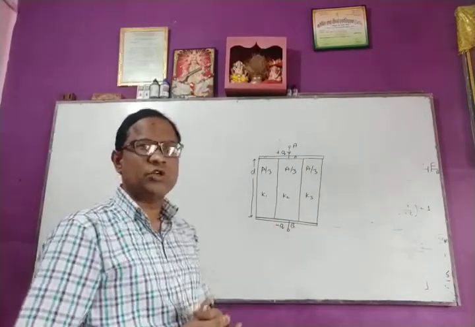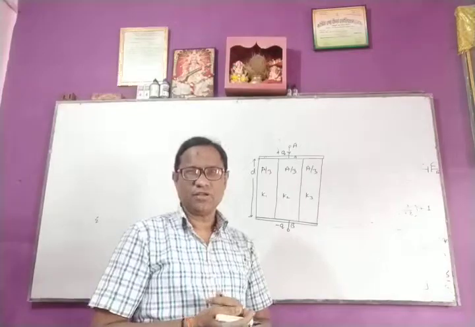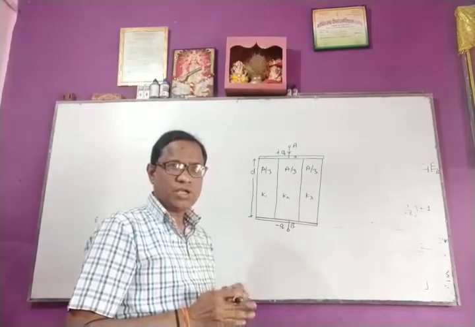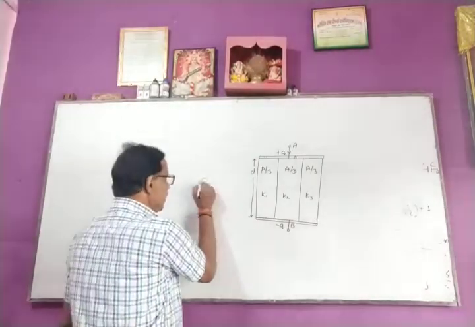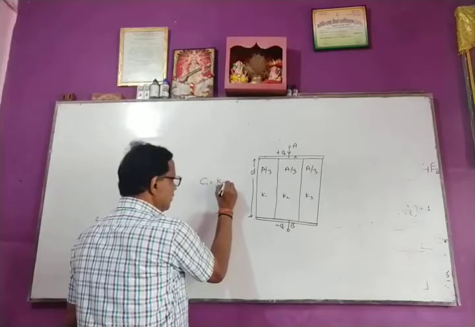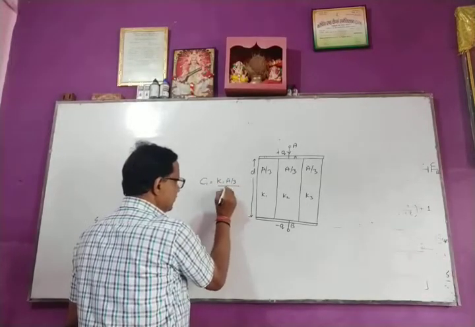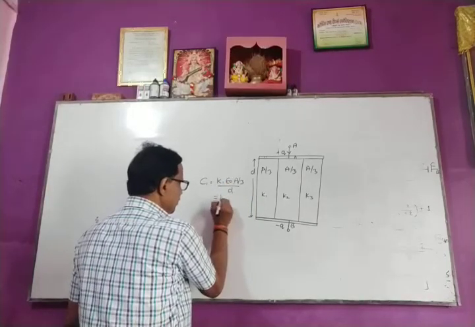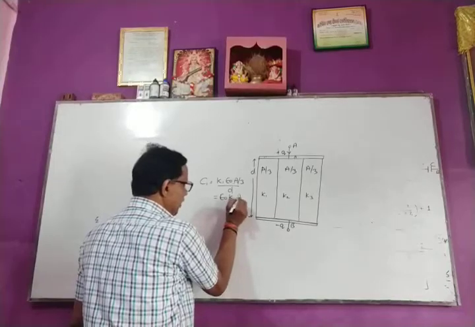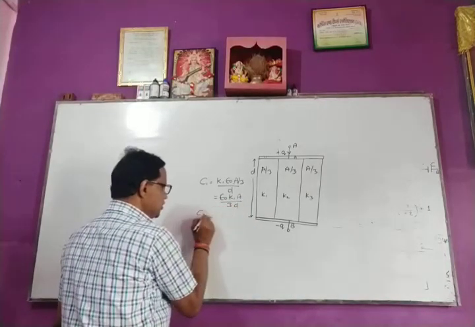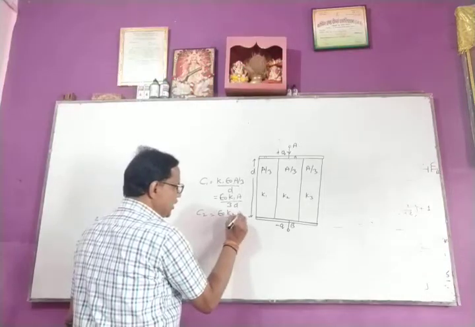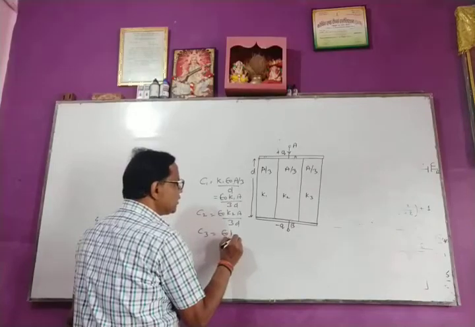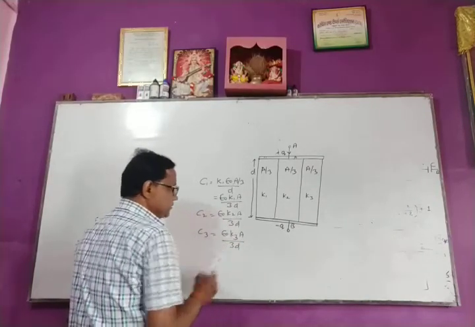Separation between these two plates is D. So separation between all parts is D. So C1 is equal to epsilon naught K1 A by 3D. C2 is equal to epsilon naught K2 A by 3D. C3 is equal to epsilon naught K3 A by 3D.